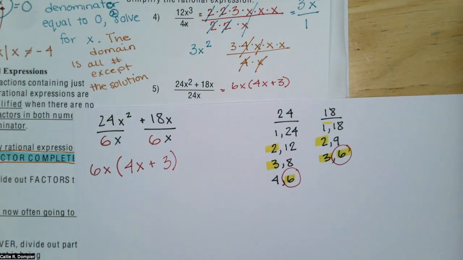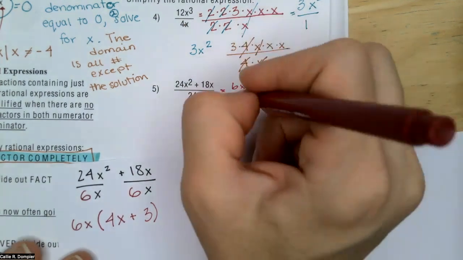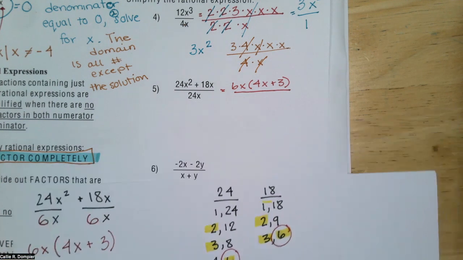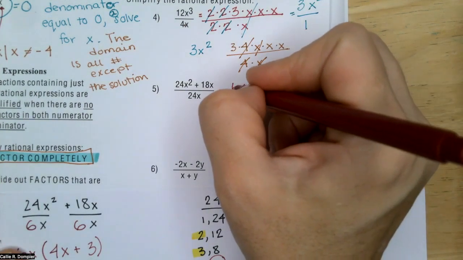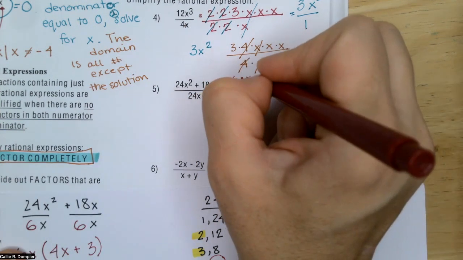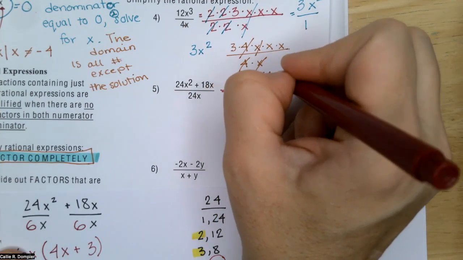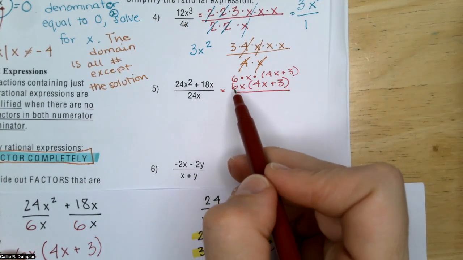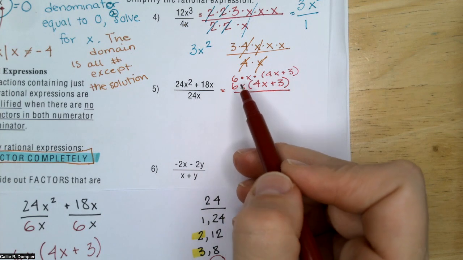Good. Now, on the bottom, all we have is a 24x. I want to factor out, and if we look at this, this isn't 6x, it's 6 times x times (4x plus 3). It's very important to keep those parentheses, but this is just 6 times x.